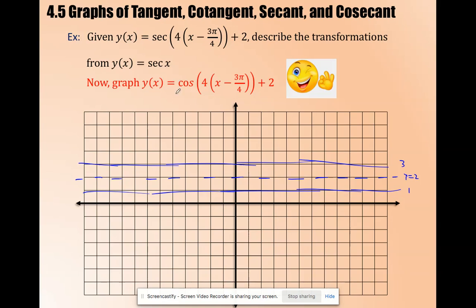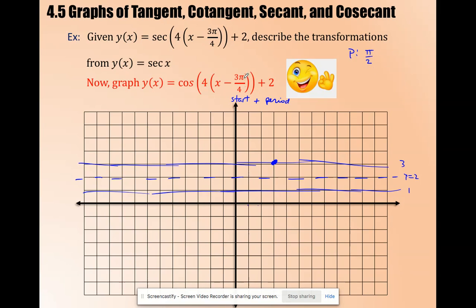Cosine is positive. The dilation factor is positive. So I'm going to start at a max, and I'm going to start at 3 pi over 4. Maybe here. Where am I going to end? Remember what our period was? Our period was pi over 2.